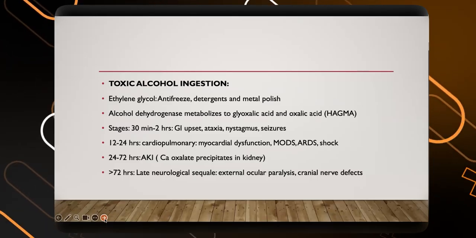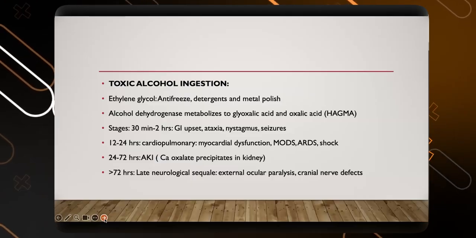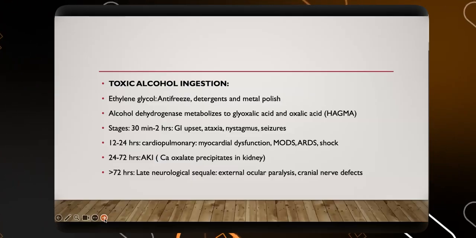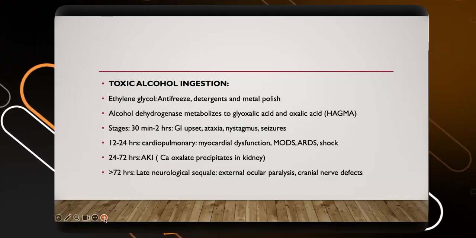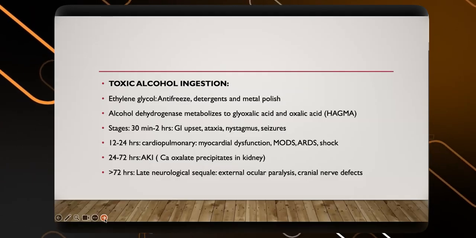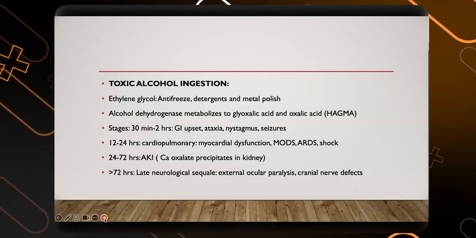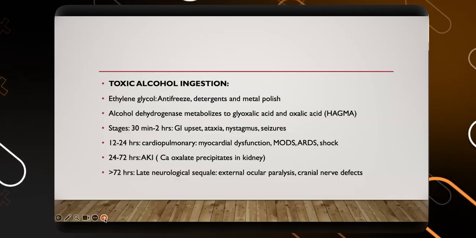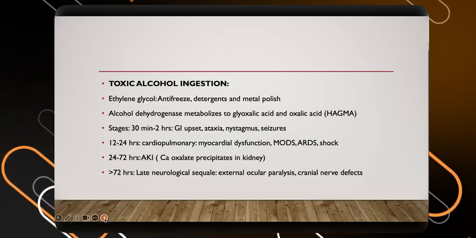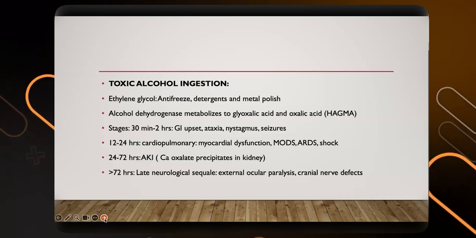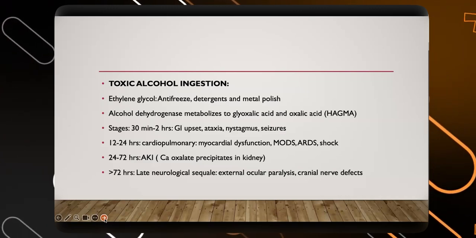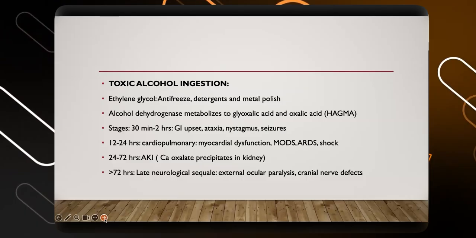Toxic alcohol ingestion. Ethylene glycol is usually found in antifreeze, detergents, and metal polish. Alcohol dehydrogenase metabolizes it to glyoxylic acid and oxalic acid, which typically cause a high anion gap metabolic acidosis, or HAGMA. Now, the stages. In the first 2 hours, it's usually GI upset, ataxia, nystagmus, and seizures.